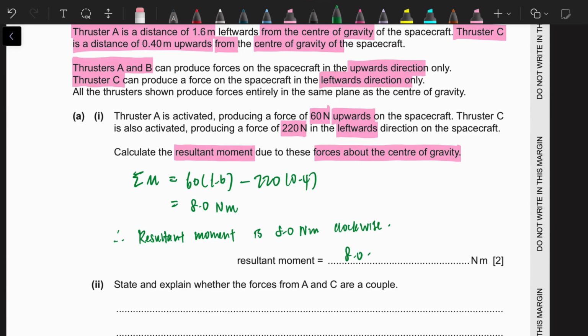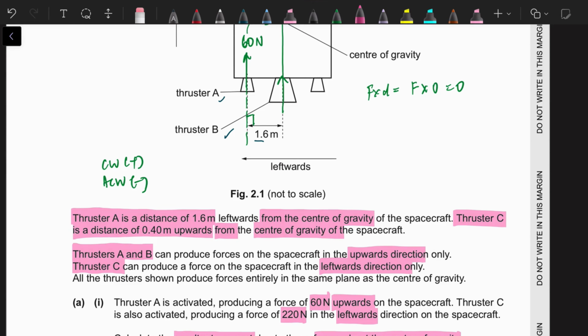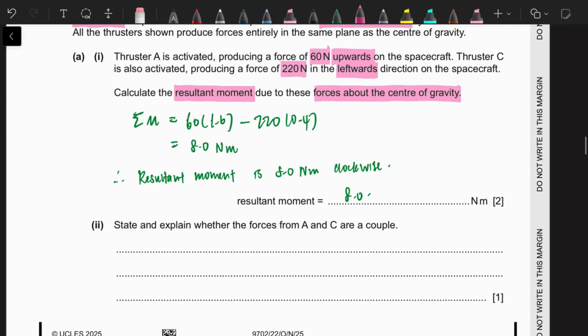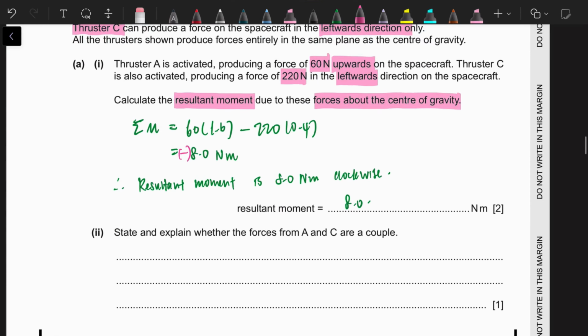So if you're going to ask me, is it possible if I set my clockwise as negative and my anti-clockwise as positive? Yes, it's 100% doable. You can do that, but your final answer you're going to get as negative, because you set your negative as clockwise, right? So if your final answer is negative, that's okay.